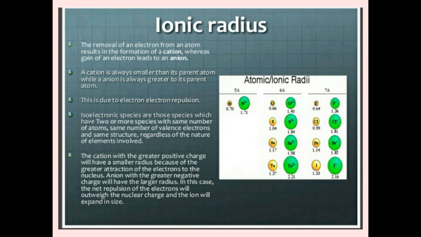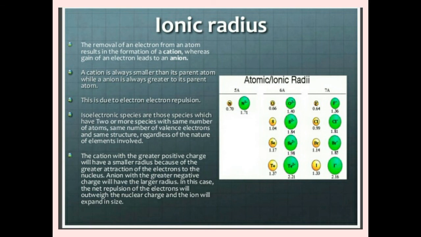Now when sodium loses one electron and becomes the sodium cation, Na plus, the number of electrons decreases to 10, but the number of protons is still 11. So the 11 protons are attracting 10 electrons. The effective nuclear charge will increase, due to which the size will decrease. Clear? That is why cations are always smaller in size.